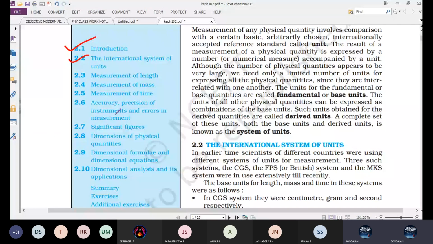We'll discuss further: error and error analysis, significant figures, dimension of physical quantity, dimension formulae and dimensional equation, dimensional analysis and its applications. So almost we covered all the areas. Okay, next, instruments for length, mass, or time. So maximum we'll cover in this week.